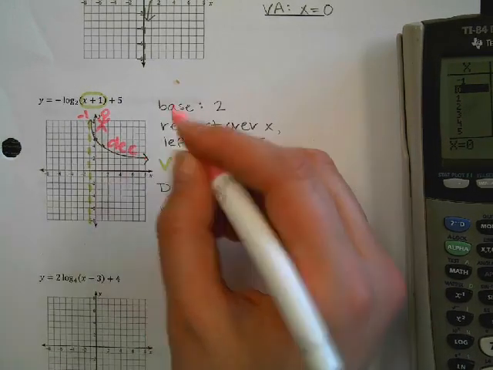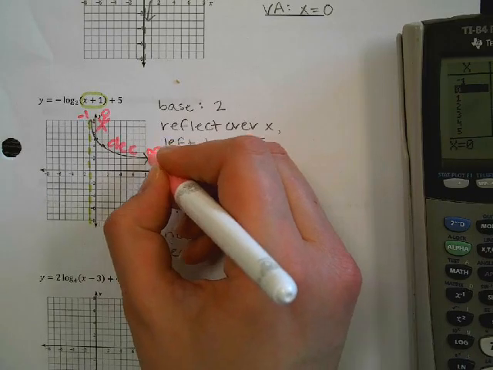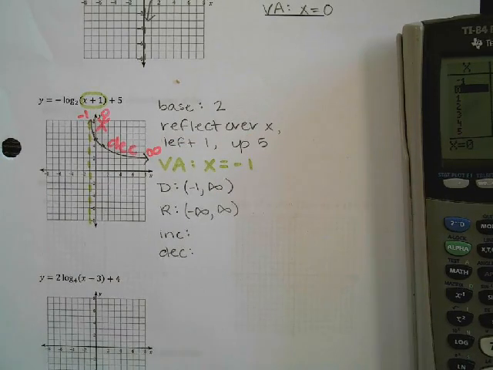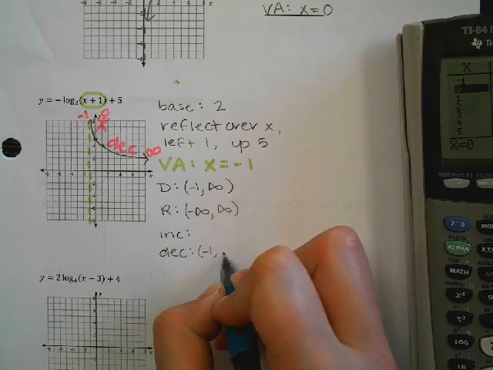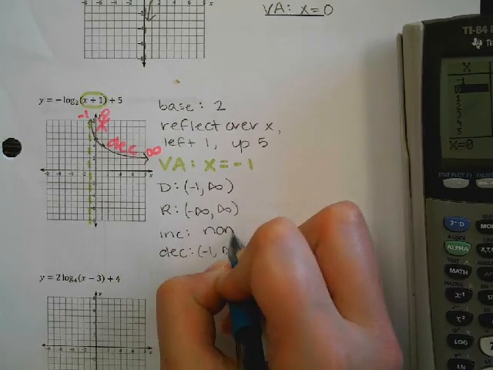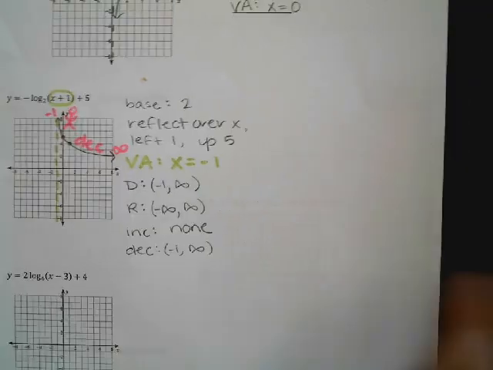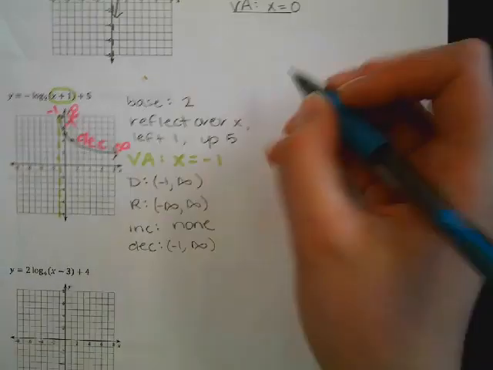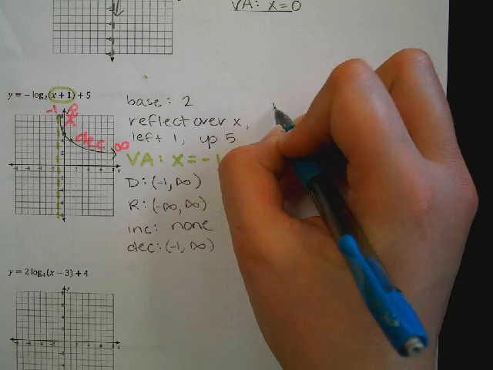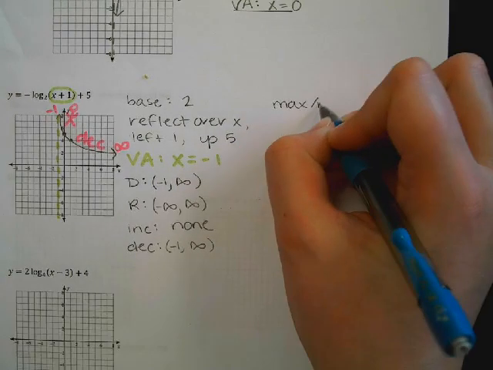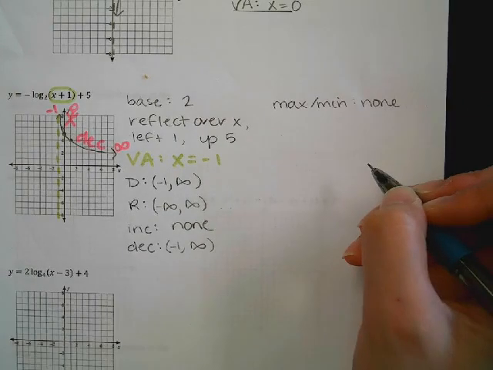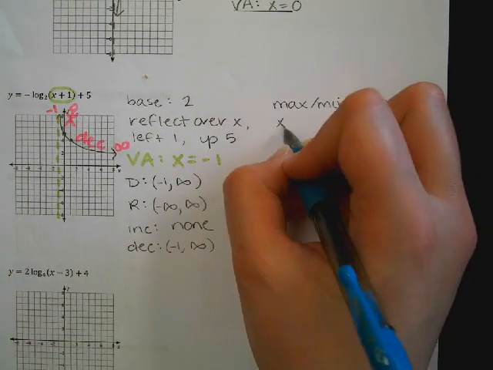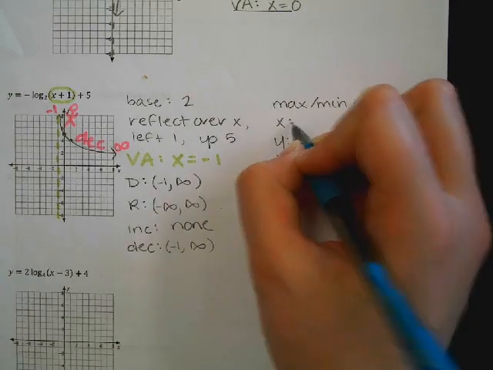The x value on the right side is a right arrow, and so that's an infinity. So we're going to say that this graph is decreasing from -1 to infinity, and it is not going to increase ever. All right. As far as max and min, we're going to say none. No mountaintop, no valley. We can find x and y intercepts.